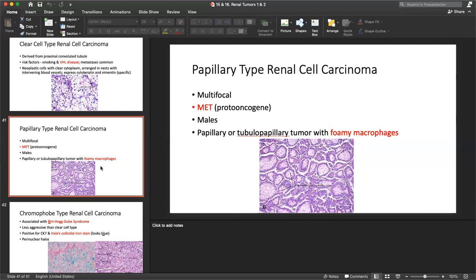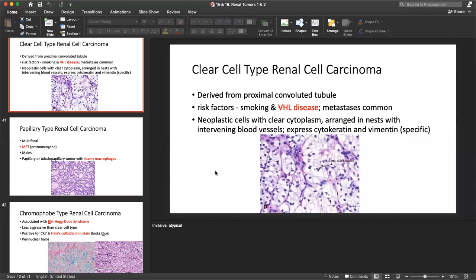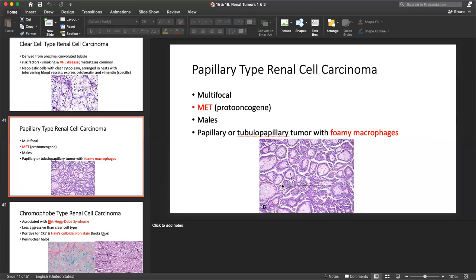Papillary type, remember, has that MET proto-oncogene, and it's going to have foamy macrophages. So we can see how it looks foamy. I know it's everyone's favorite term from histo. So look at this clear cell. They're really clear, and their nucleus is off to the side. It's not in the center. These are foamy pink.